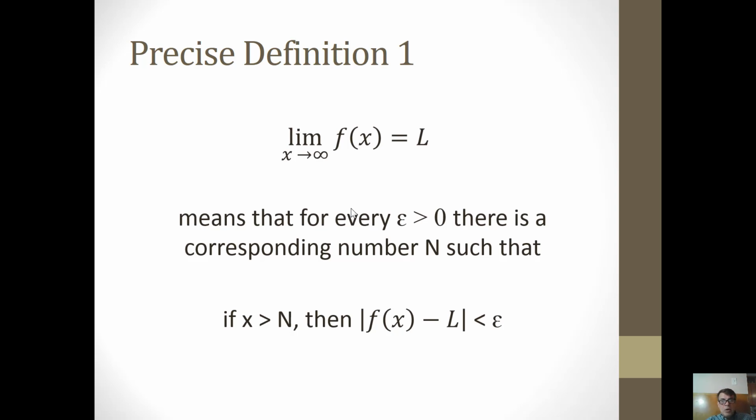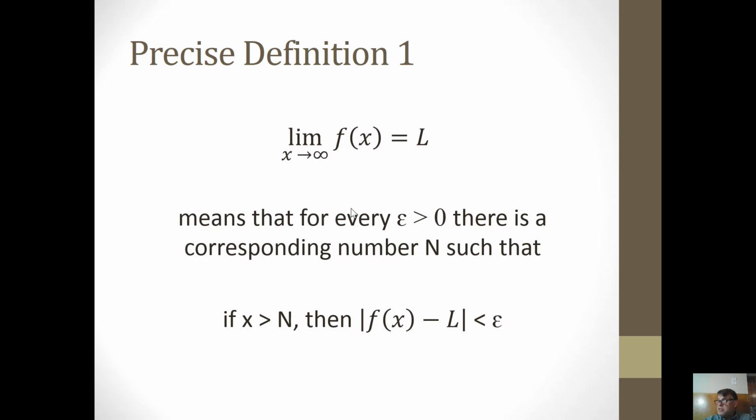So basically, we're creating this concept called an epsilon. You can think of it as an E, but I think it's an epsilon. For every epsilon that is greater than 0, there is a corresponding number n such that if x is greater than n, then the absolute value of f of x minus L is less than epsilon.